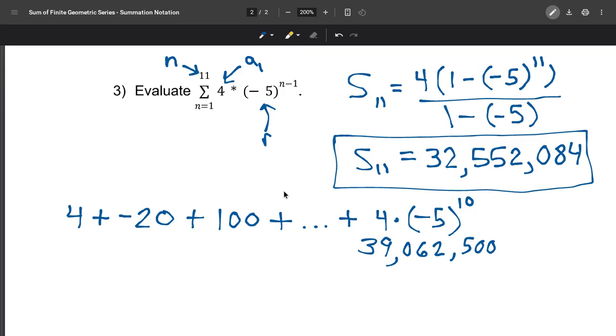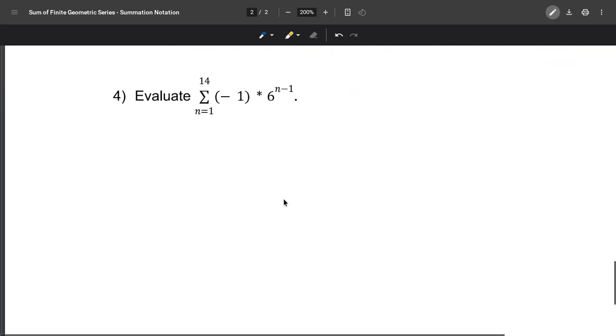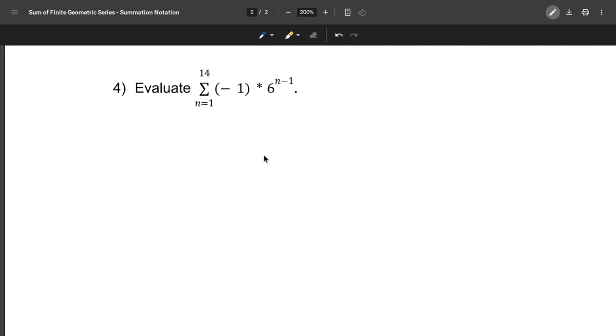Let's try one more. All right, problem number 4. We're evaluating a sum of a geometric series that has 14 terms. The first term is negative 1, and the common ratio is 6.